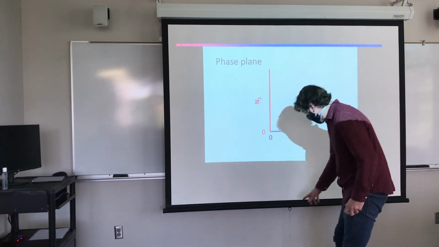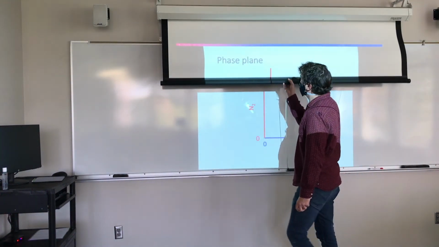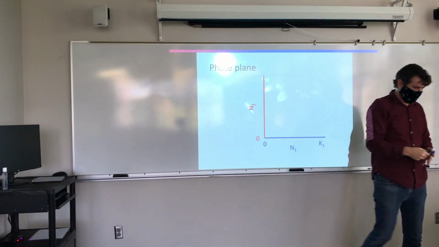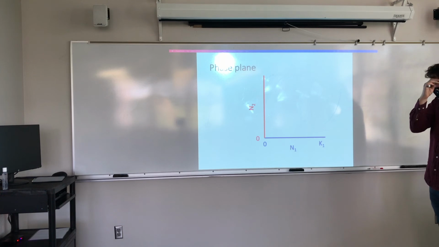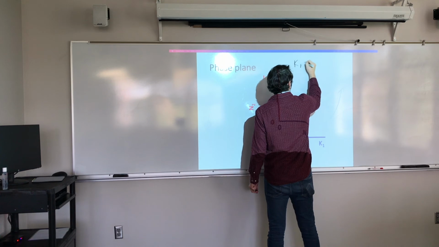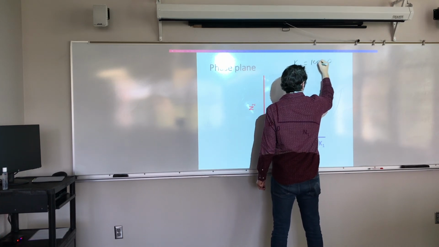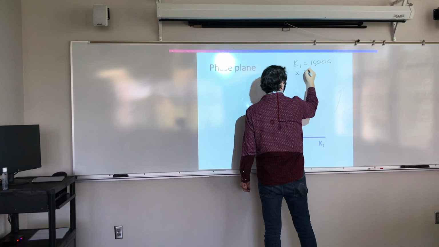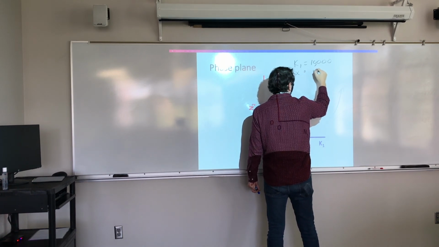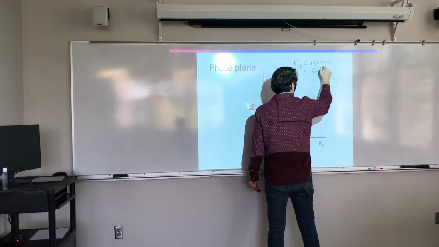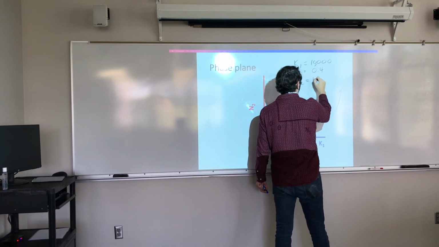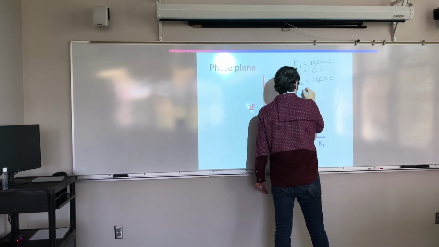Okay, let's do this. Let's say that we have a situation where K1 equals 10,000, and beta equals, let's say, 0.4, and K2 equals 12,000.